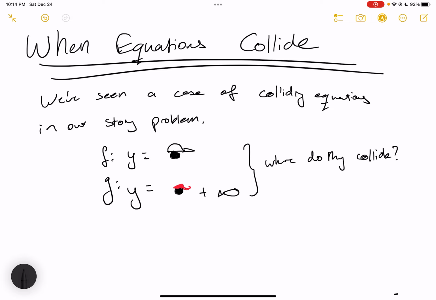And we can find this by setting the y's equal. Setting the y's equal.